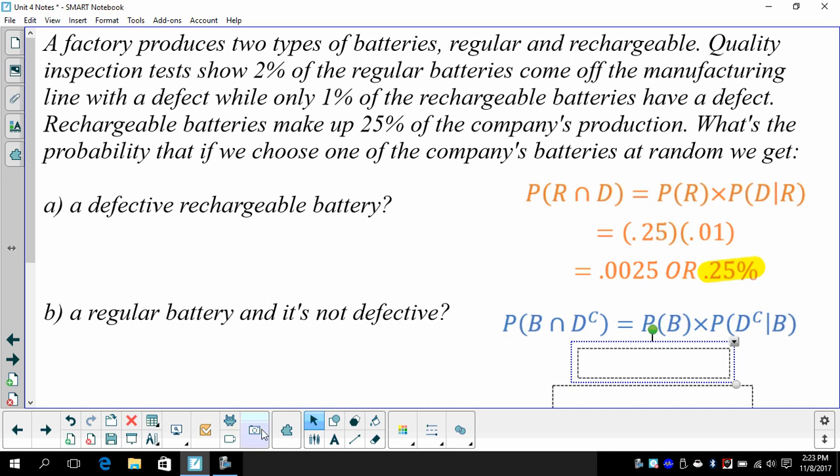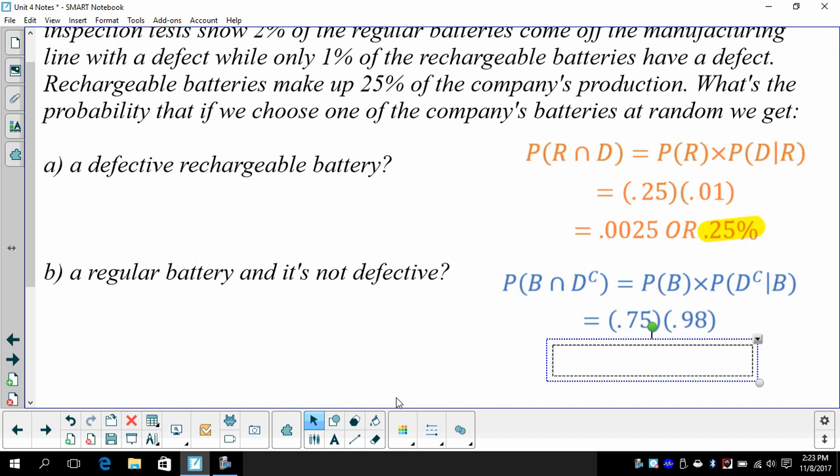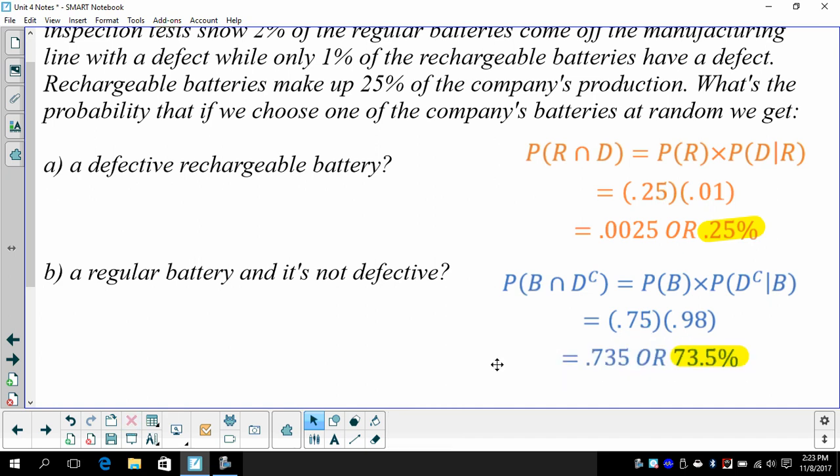The probability of a regular battery was 75%. The probability of a defective battery, given that it was a regular battery, was 2%. Therefore, the defective complement is 98%. When we multiply those together, it's a 73.5% chance that a battery chosen at random is a regular battery and it's not defective.